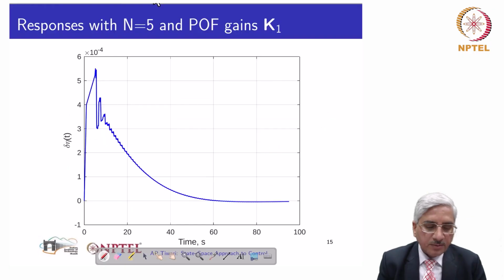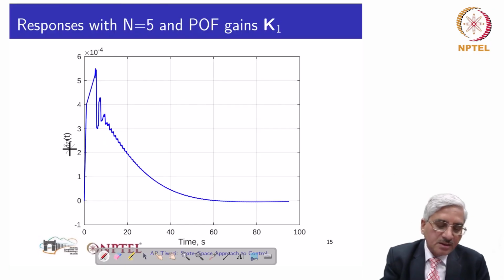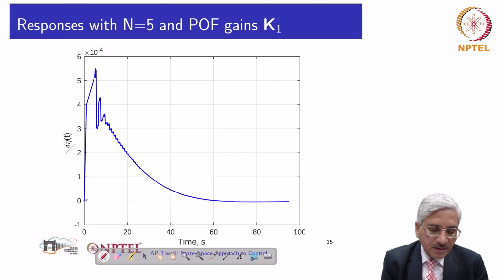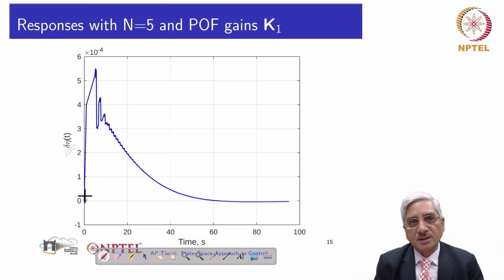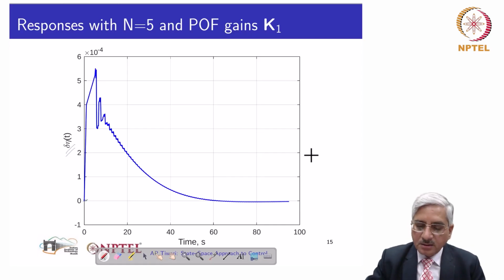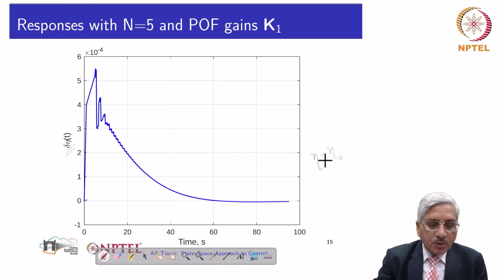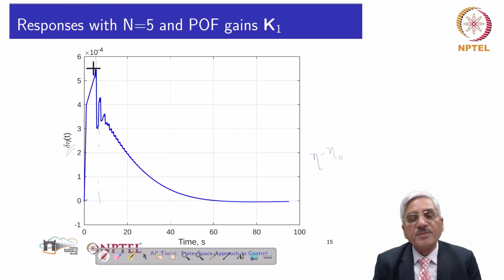We see some other variables, the change in neutron density. Neutron density was at a steady state here, and relative to that we are seeing delta eta, which is eta minus eta at t equal to 0. So up to 5 seconds, when the system was not being controlled, the neutron density started deviating and then remained deviating.